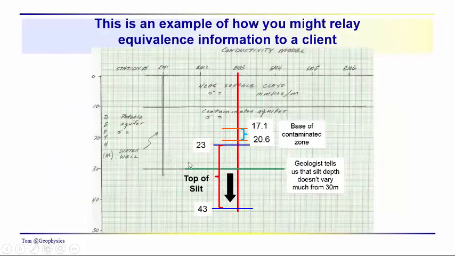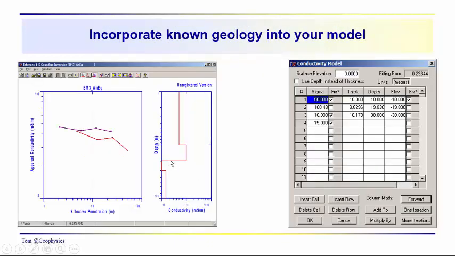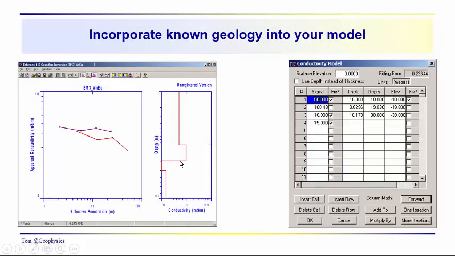We wouldn't want to lose sight of the equivalent solutions in our presentation of results, but this would be a result that we might plot up in the model here. So one of potentially several, but one that honors the geological background data at the site.